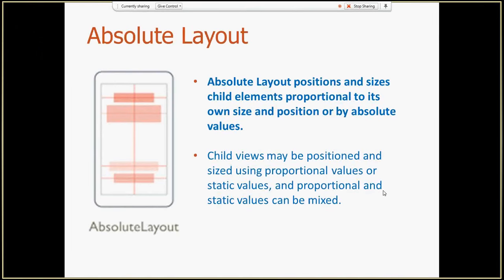Absolute layout defines elements by their position and size, which means x and y coordinates for the position and pixels for the size. So position 10, 100 and 100 is assigned to that element. The interesting thing in absolute layout is that we can overlay elements on top of each other.